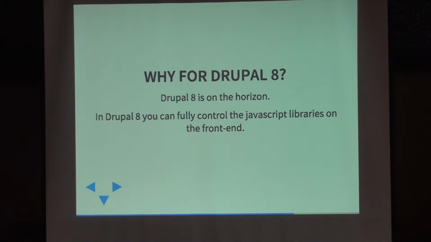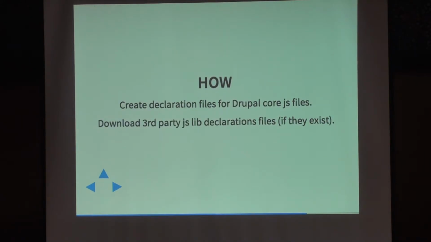And if you want to use any kind of JavaScript library, you need to create an interface file, a definition file, and it's much easier if you can fully control what JavaScript libraries are loaded in your page. Yeah, that's why we create the declaration files.